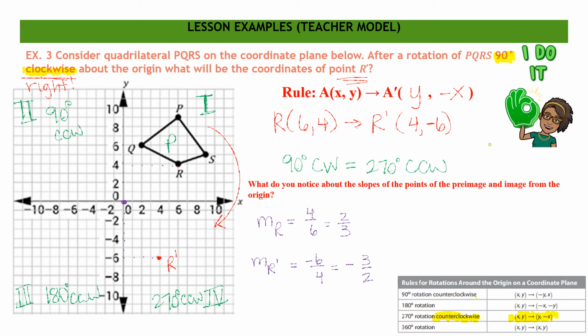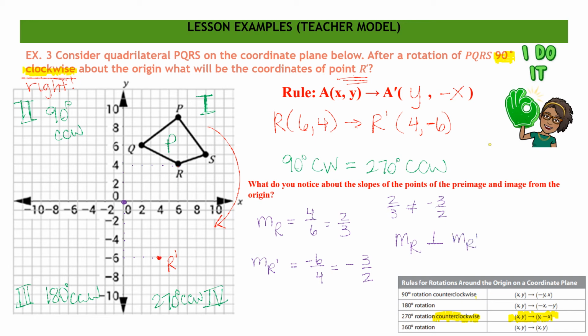Once again, 2/3 is not equal to negative 3/2. However, I do notice that 2/3 is the reciprocal of 3/2, and positive 2/3 is opposite to negative 3/2. So remember, if I have the opposite reciprocals, that means these slopes are perpendicular.